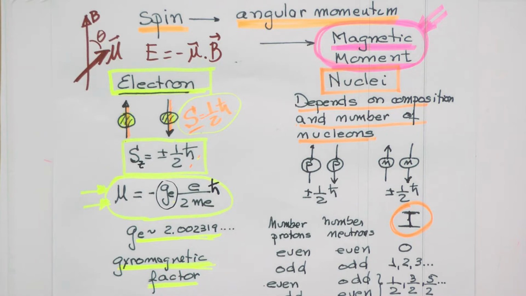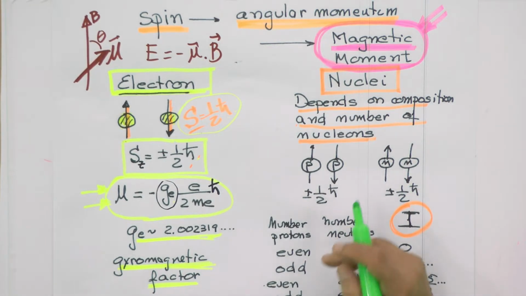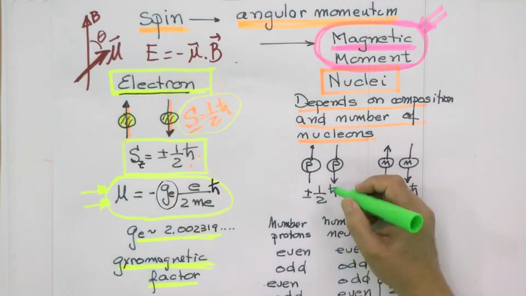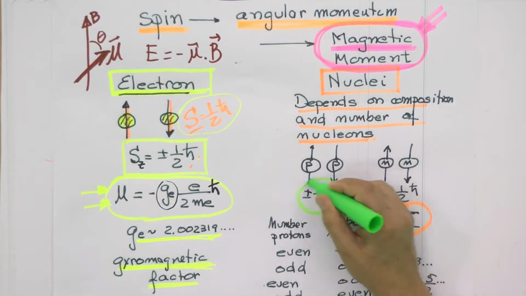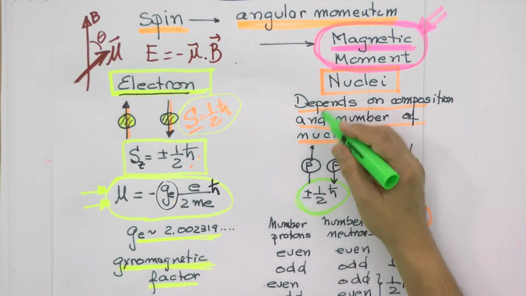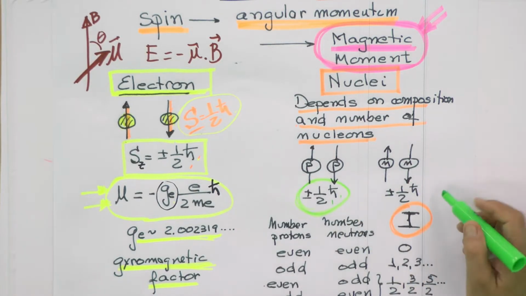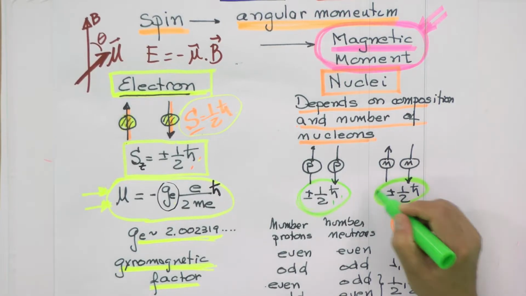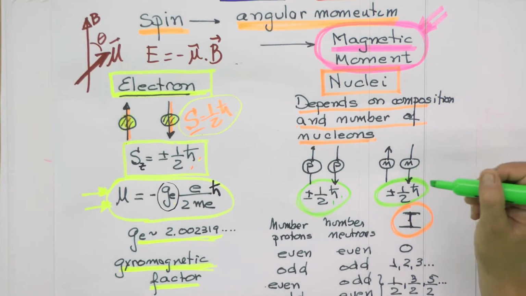But basically, we know that we have in the nucleus protons and neutrons, and they both have intrinsically spin half. So their Z component of the spin up and down is also half h bar. The neutron and the proton have half h bar of spin.